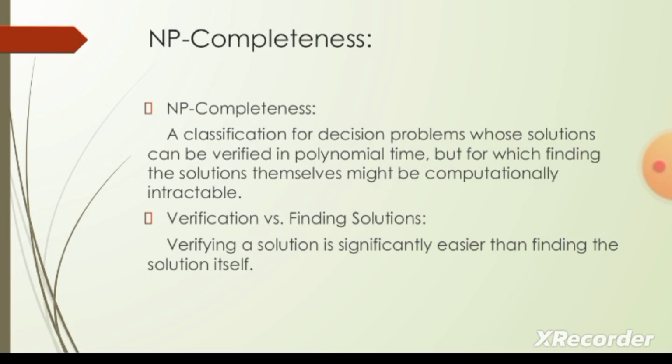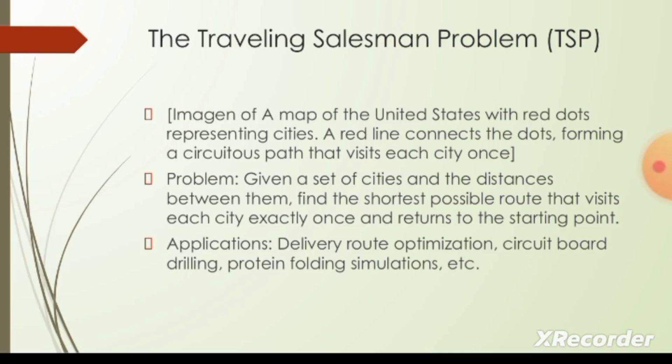So next one is traveling salesman problem. So we imagine a map of the United States with red dots representing the cities. Red lines connect the dots, forming a path to visit each city once.